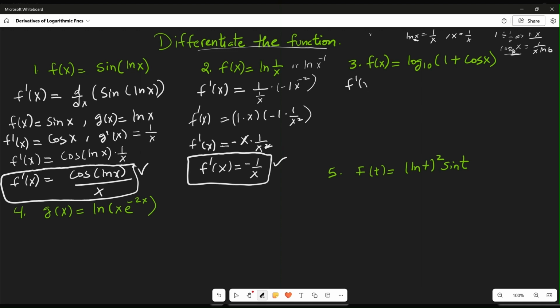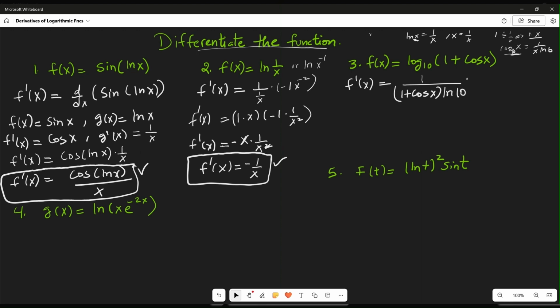Same thing, first the derivative of the outer function with respect to the inner function, right? As we have done it, you can go step by step like in example number 1, or if you got the idea already, just plug the formula directly into the problem. So this is 1 over x, where x is 1 plus cosine x, times natural log 10. Base is 10.